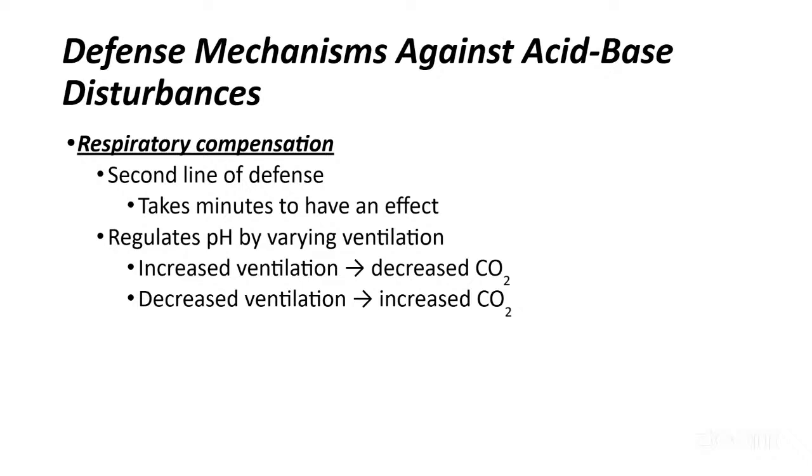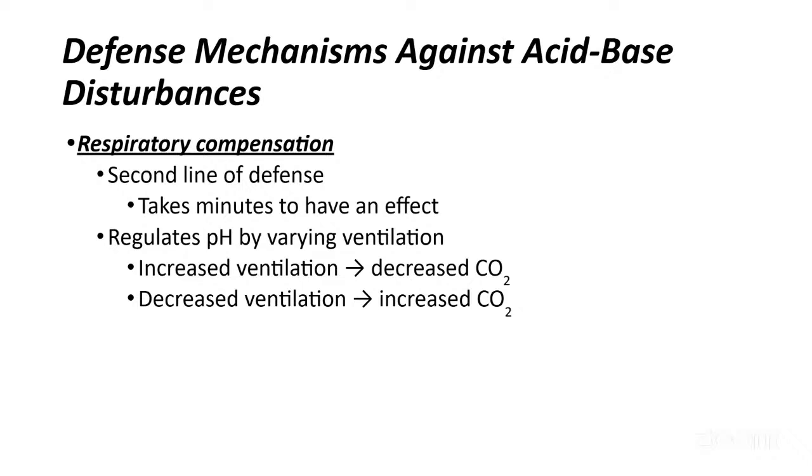More formally, we can regulate the pH by varying our ventilation. If you increase ventilation, if you breathe faster, we think of breathing as pushing out CO2. So if you have excess CO2 building up in your blood, you can breathe faster, breathe it out, which pulls your pH back to where it should be.